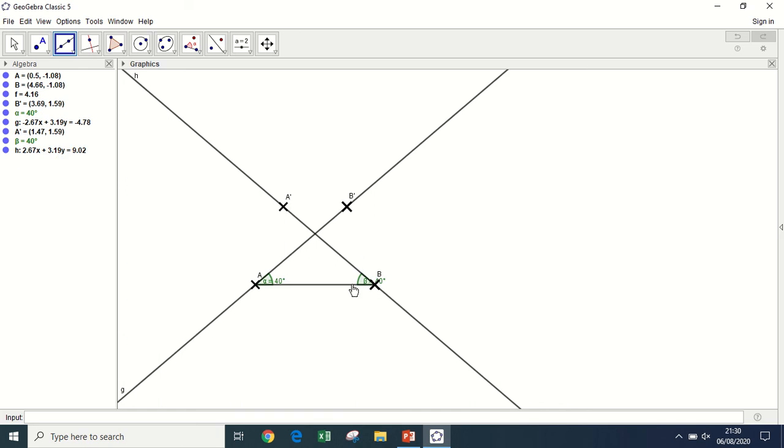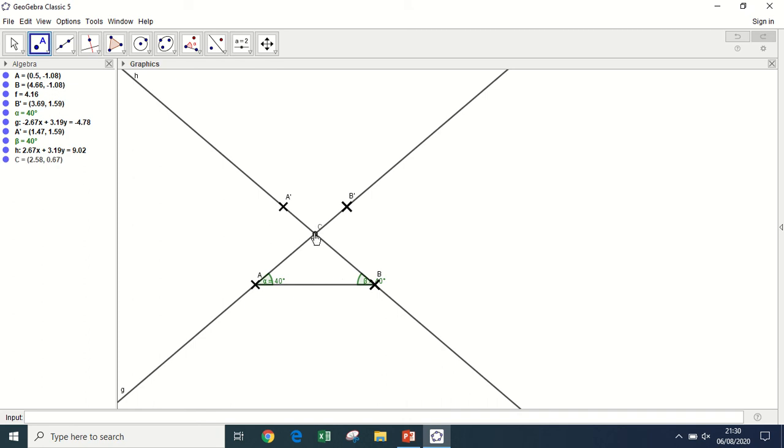This angle here is 40. This angle is 40. That means this point is the center of the circle and is the point O1. All right, that is the center O1, and therefore let me just mark the point. It is that one. That's the point O1, and therefore our circle center will be that one.